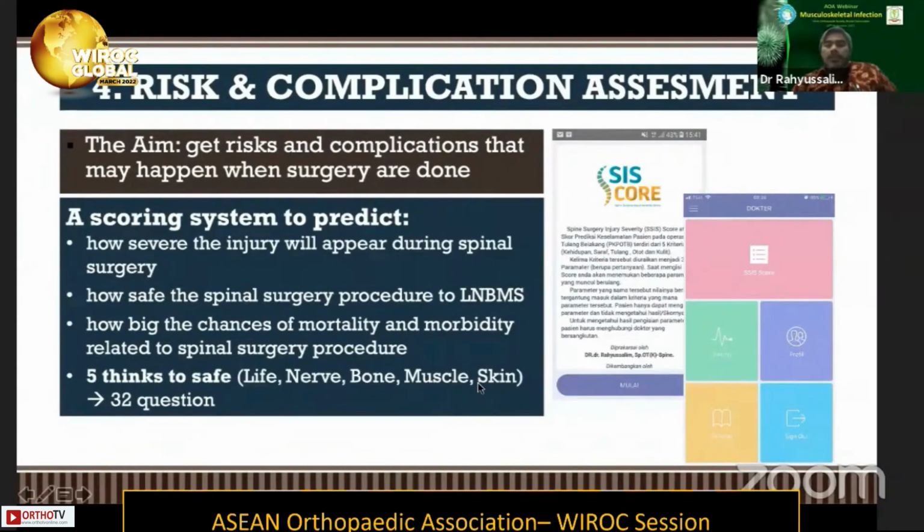So if we are planning to do surgery, we should always check this score or the prediction, I mean the severity of injury, whether it will make the condition worse or better. So we consider whether our surgery will make a good condition or not after surgery.